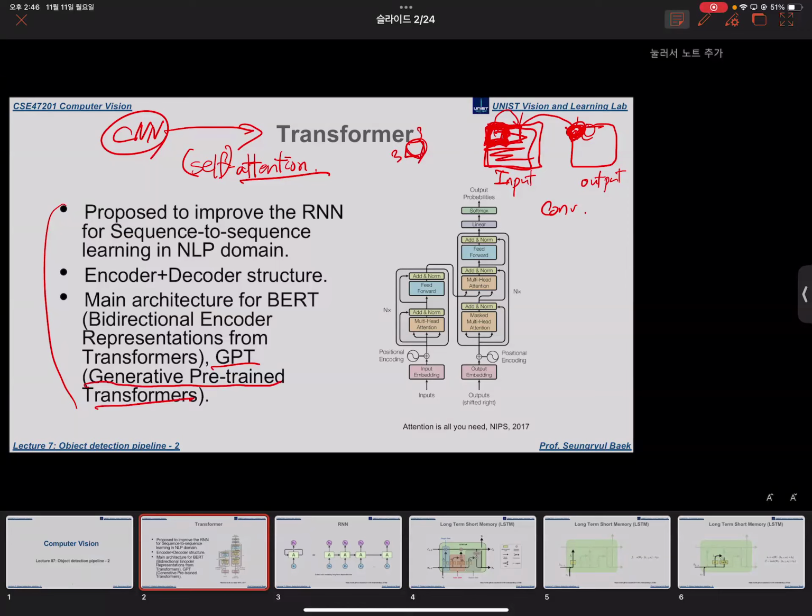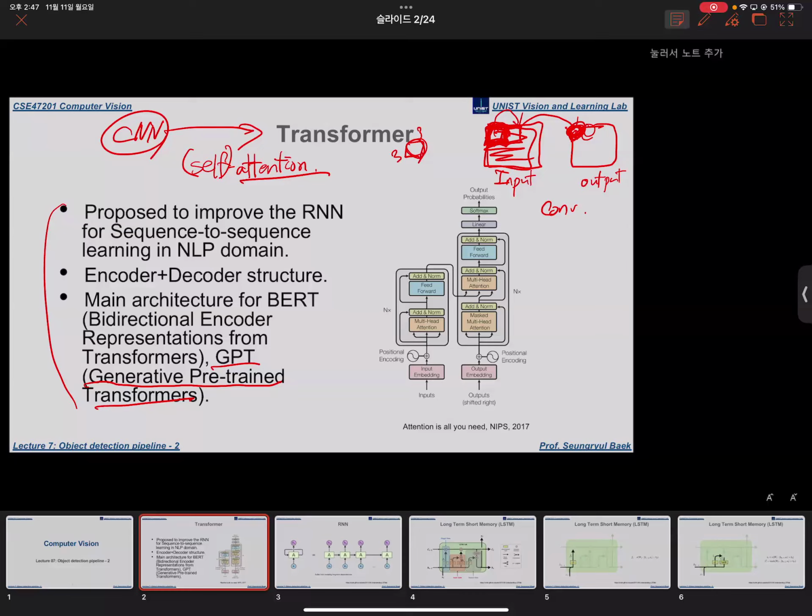GPT is the abbreviation for generative pre-trained transformers. GPT is also constituted with the transformer. The main operation of this transformer is the attention mechanism. So GPT is actually using the attention as the main operation.